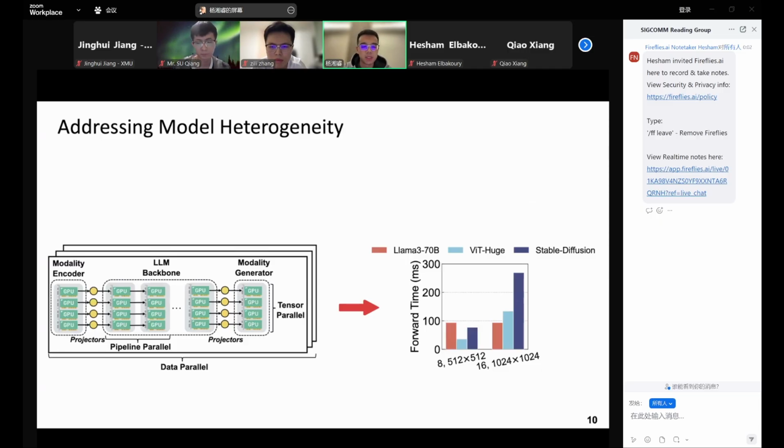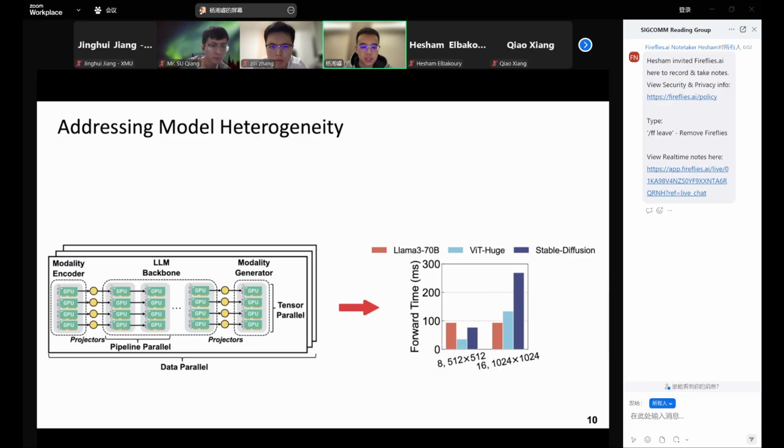Now let's dive deeper into how to solve the model heterogeneity problem as we mentioned just now. The core issue with the standard approach is a monolithic orchestration, where a single parallelism strategy is applied to the entire model. This creates severe performance imbalances.